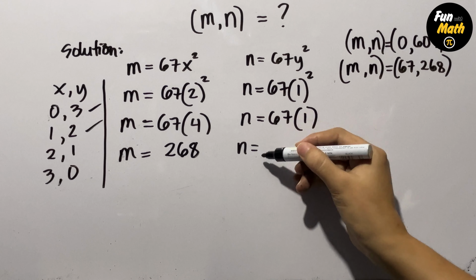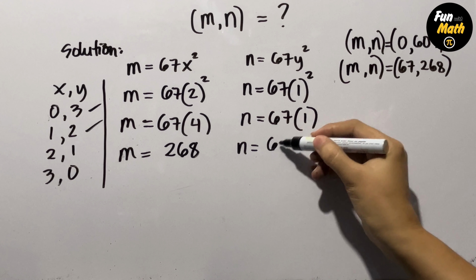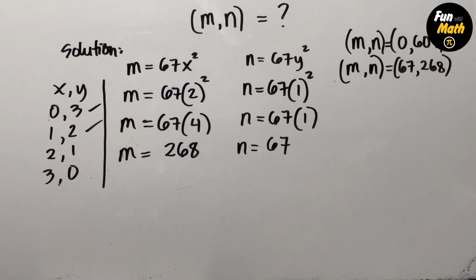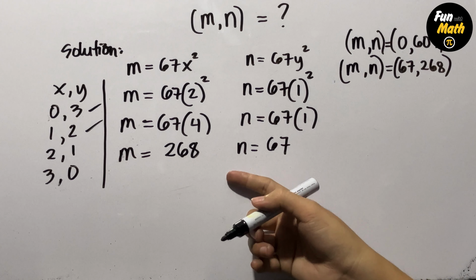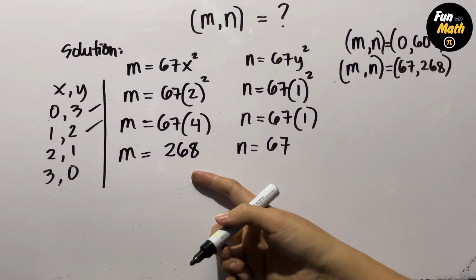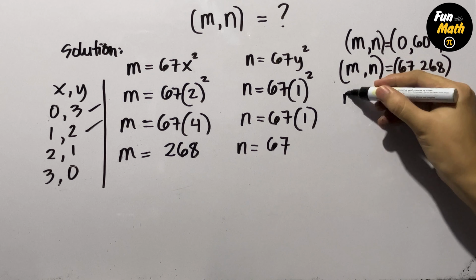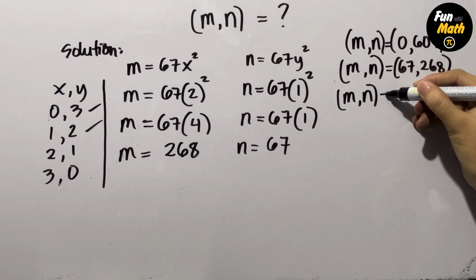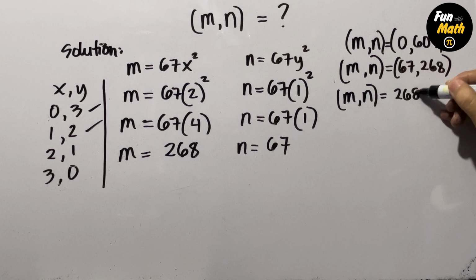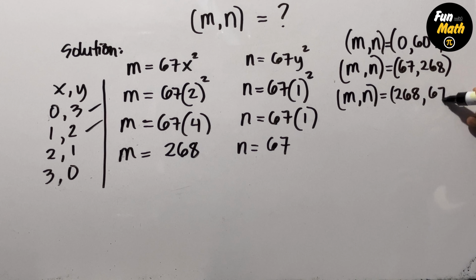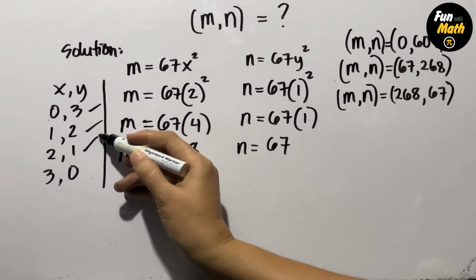Then n is equal to 67 times 1, that is 67. Now we have the values for m and n, that is 268 and 67. So we are done with this.